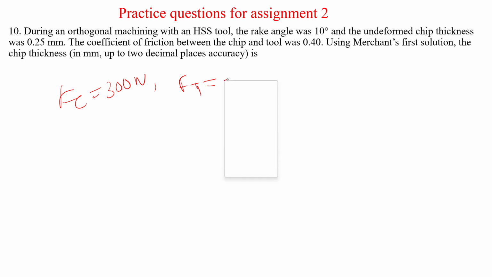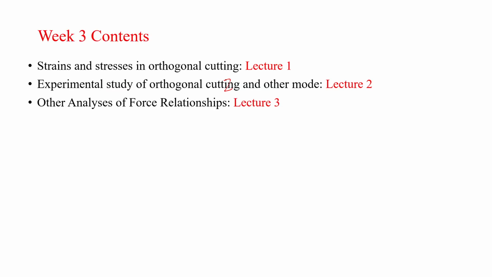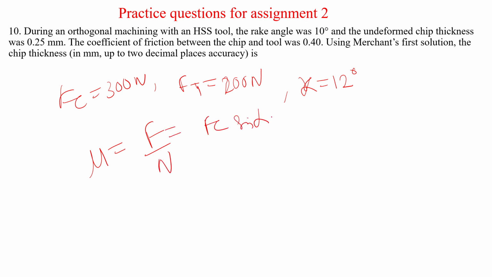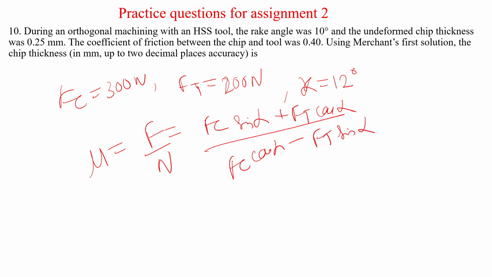Thrust force is 200 Newton. Rake angle alpha is 12 degrees. Then you need to find mu. Mu is F by N, and F is Fc sin alpha plus Ft cos alpha upon Fc cos alpha minus Ft sin alpha. This formula only you have to put.